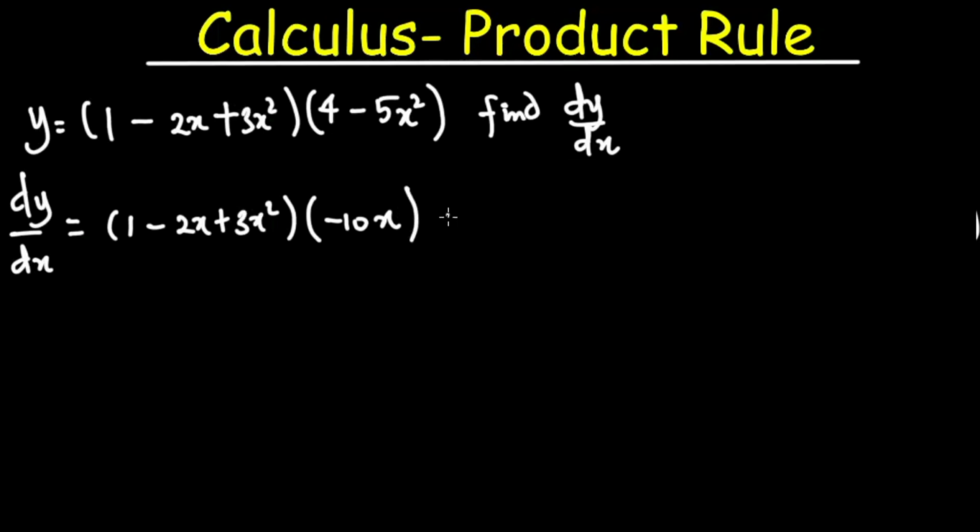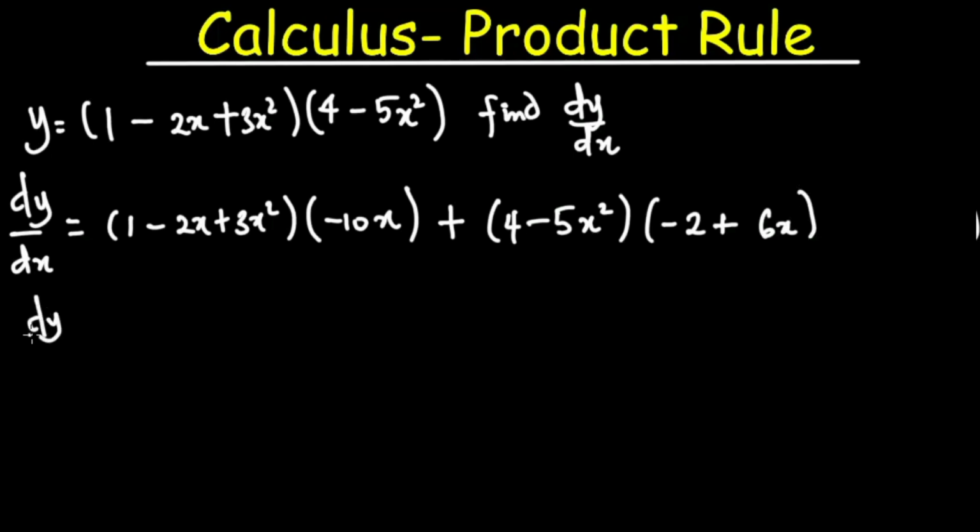And then I'm going to add, right? So to recap, drop the first, differentiate the second, then drop the second, 4 minus 5x squared, then differentiate the first, right? So this will be 0, differentiating minus 2x, I have minus 2, plus differentiating 3x squared, I have 2 times 3, 6x, right?